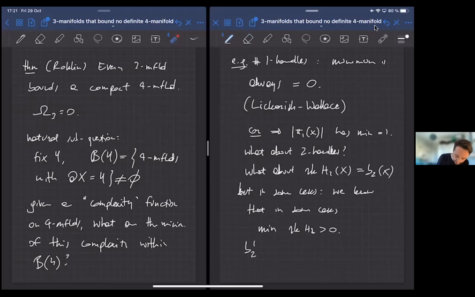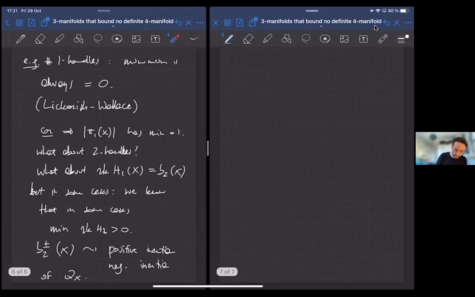You have 2 invariants, B2 plus and B2 minus, which I think are called the positive inertia and negative inertia of the intersection form Q of X. And you can ask, well, can we minimize these? That is to say, how can we minimize?